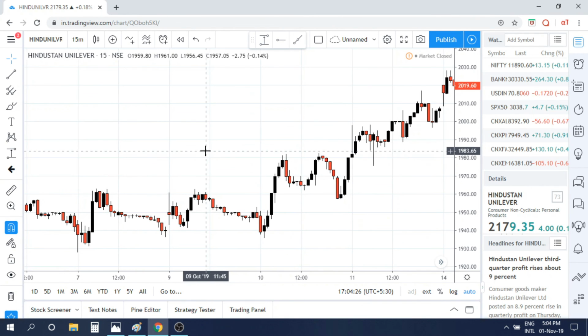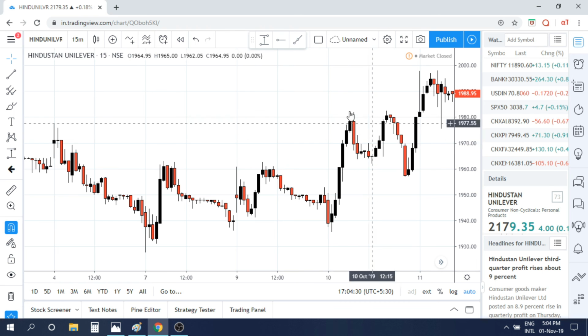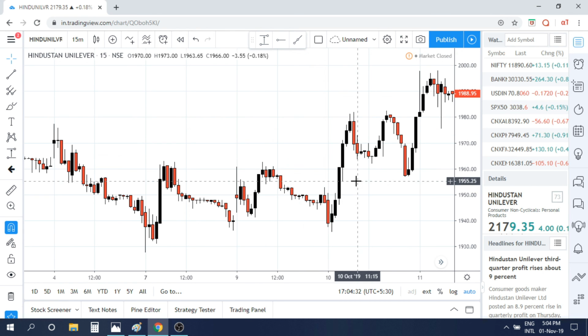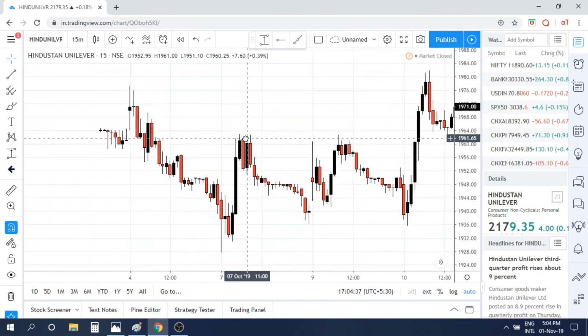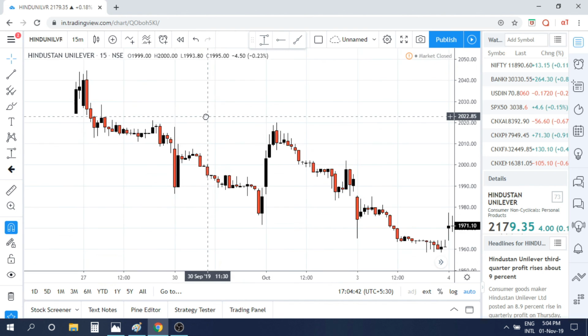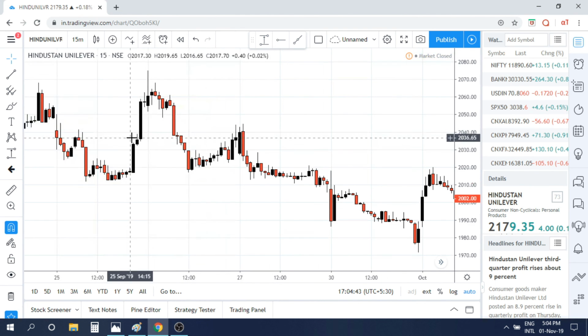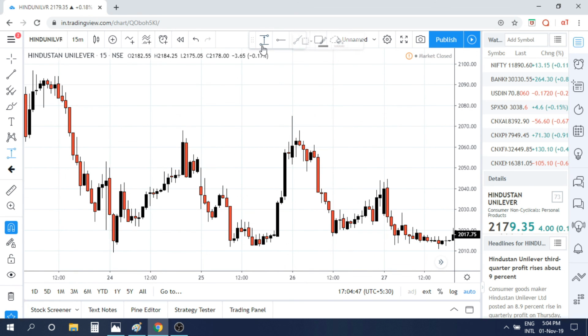See, not all zones that you spot in the chart are tradable, right? So there are a lot of basing candles here, right?